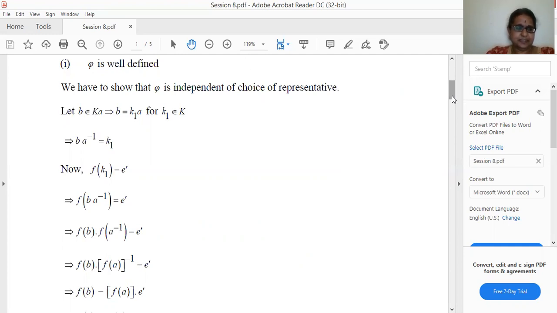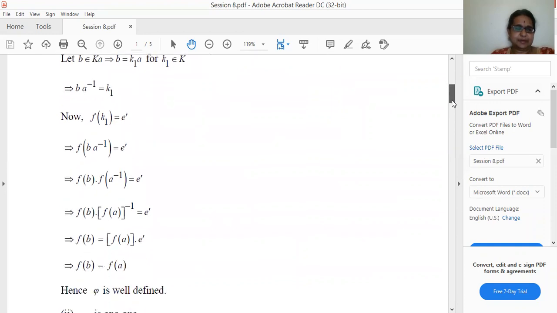That is, F of A inverse is its inverse. So F of B dot F of A inverse is equal to E dash. From this we can say that F of B is equal to F of A dot E dash. Now E dash is an element of G dash, which is the identity element, and F of A is an element of G dash.